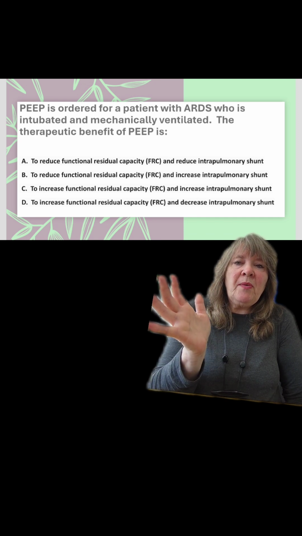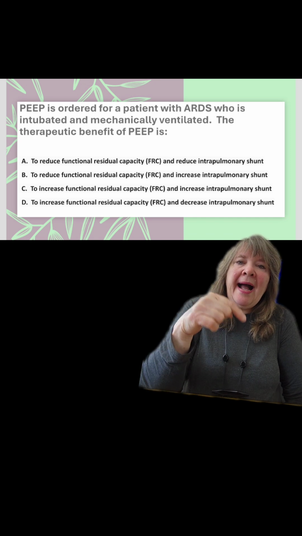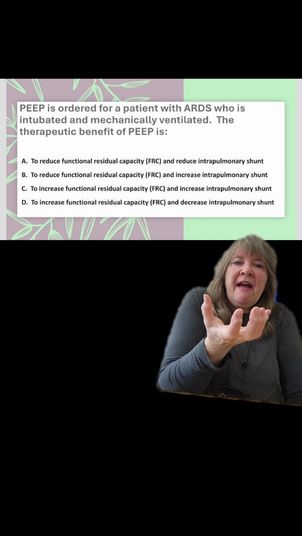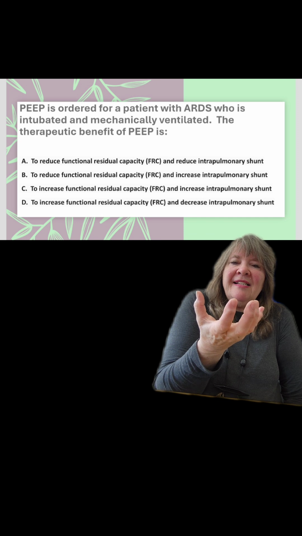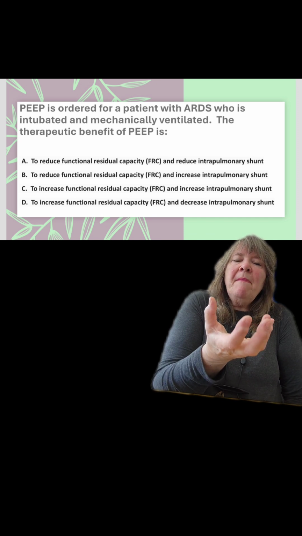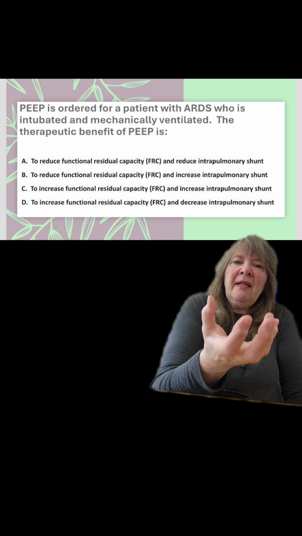That's positive pressure, right? We've got to get the positive pressure in there. Why? Because positive pressure is going to increase FRC, that functional residual capacity of air that's sitting in the alveolus at the end of exhalation, because it's that air that helps to keep the alveolus from collapsing.